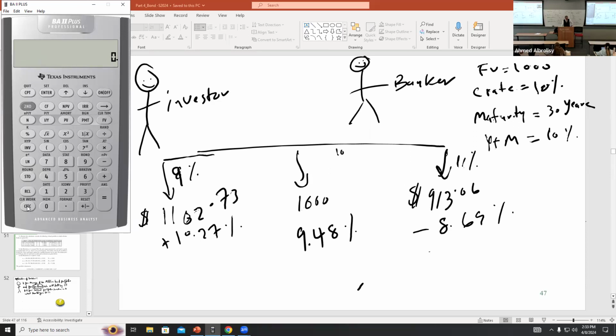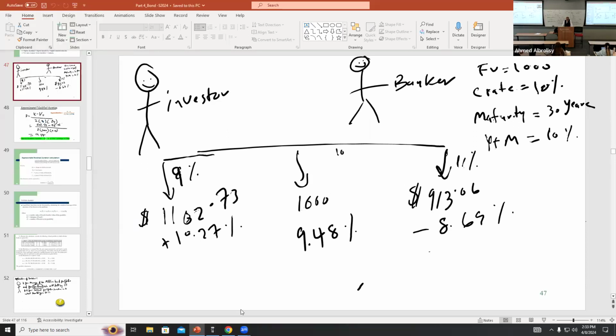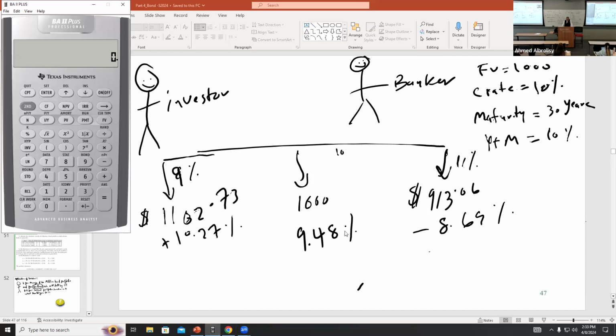So Angela, you asked me, I said to you verbally that this number was like the return on investment. This was the price, this is the new price. You subtract this from this and you divide it by the start price. So it's $1,000 minus 913.06 equals, this is the difference between this and this, and you divide it by your initial investment, like you calculated the return on your investment.